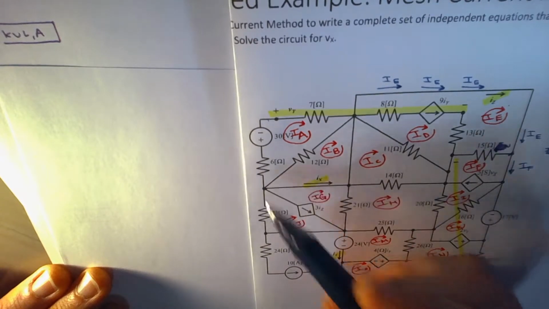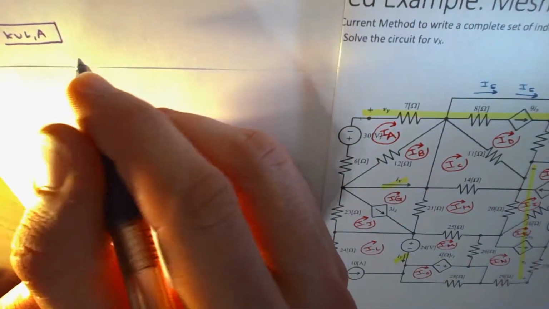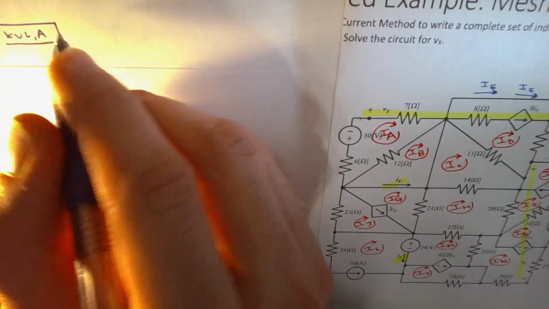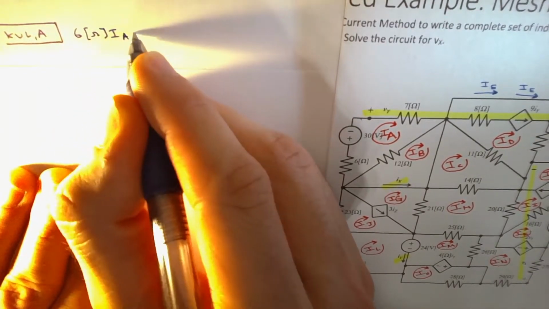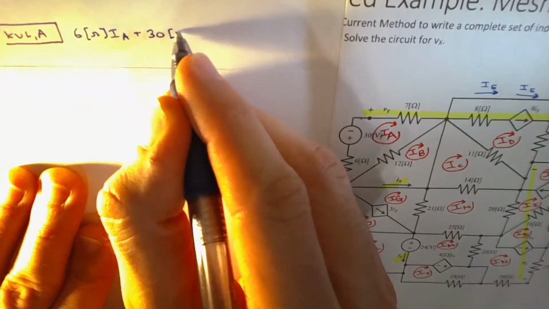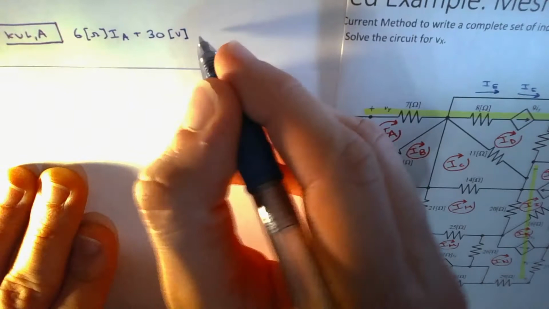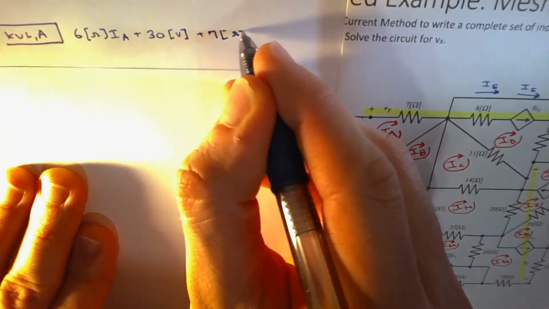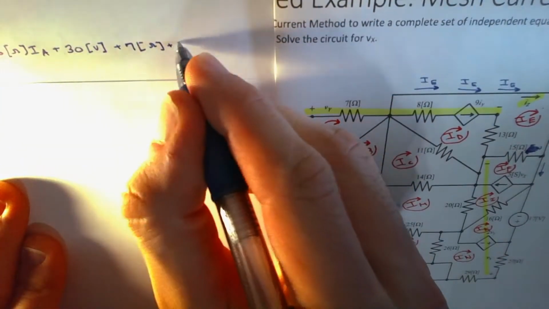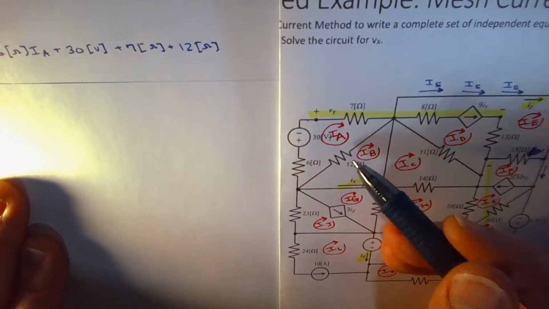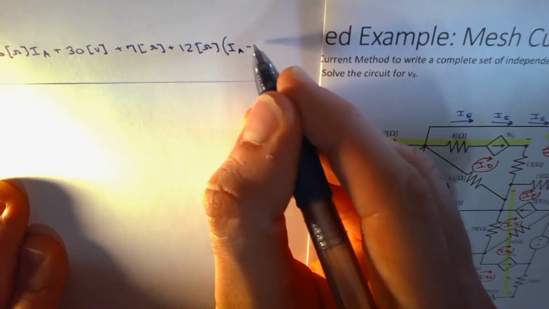We're going to start here, and I'm going to write my KVL equation, which is going to be 6 ohms IA plus 30 volts plus 7 ohms IA plus 12 ohms. Now the current that I'm looking at going through this resistor is going to be IA minus IB.